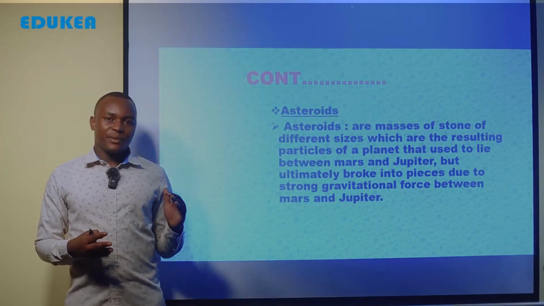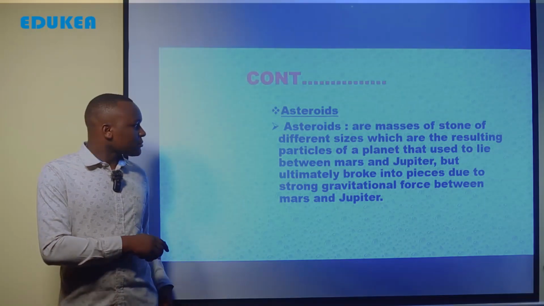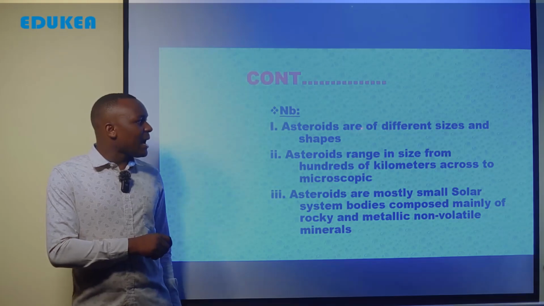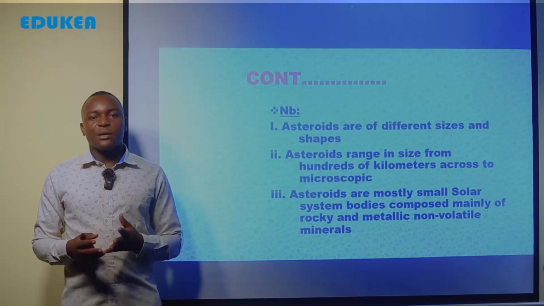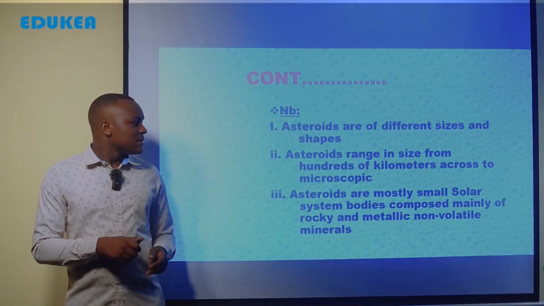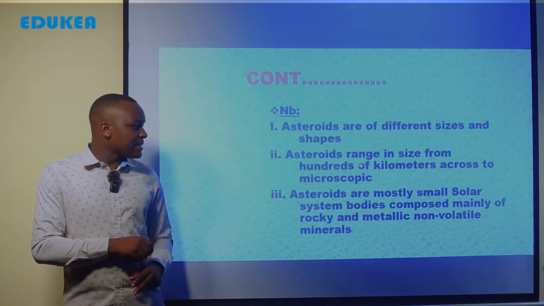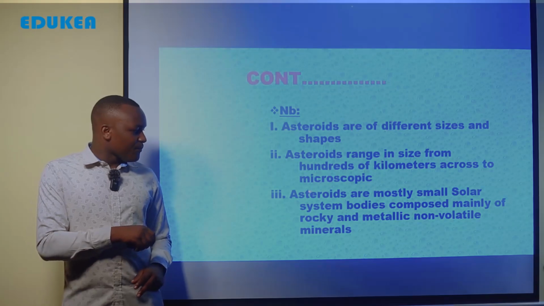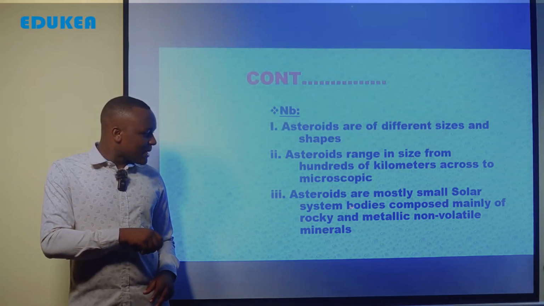Something to note, we say that asteroids are of different sizes and shapes. Kwamba kuna asteroid ambazo zina different shapes, lakini pia zina different size. We say that asteroids range in size from hundreds of kilometers across to microscopic. But also asteroids are small solar system bodies composed mainly of rock and metallic non-volatile minerals.